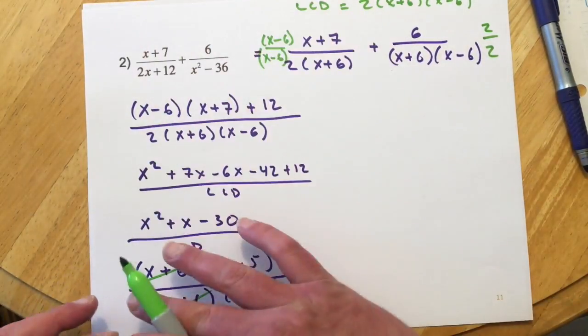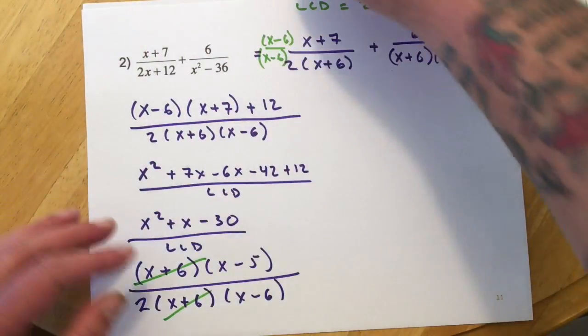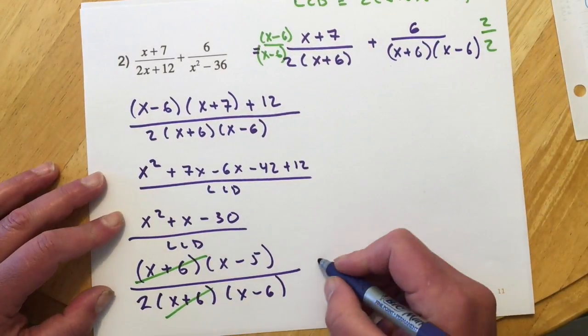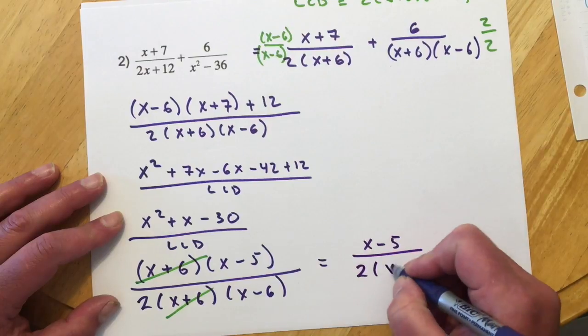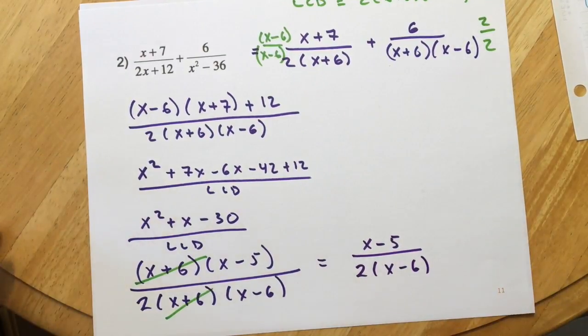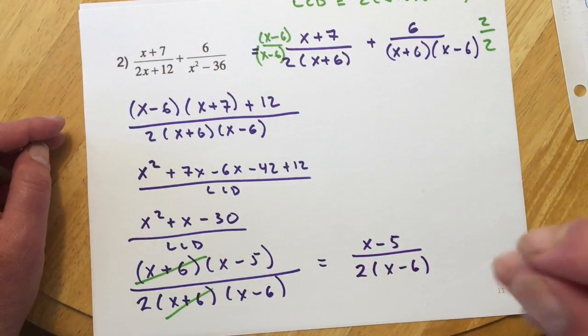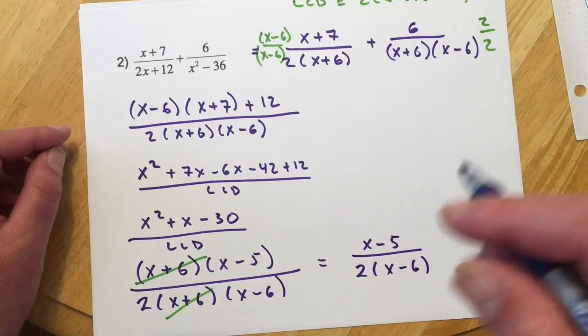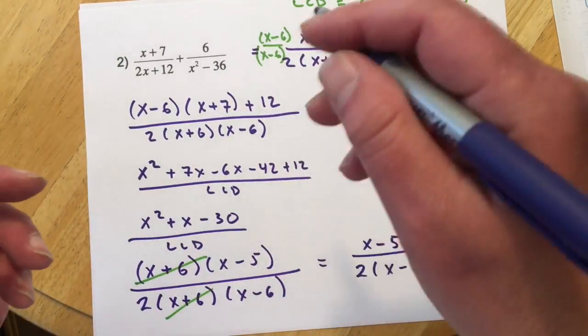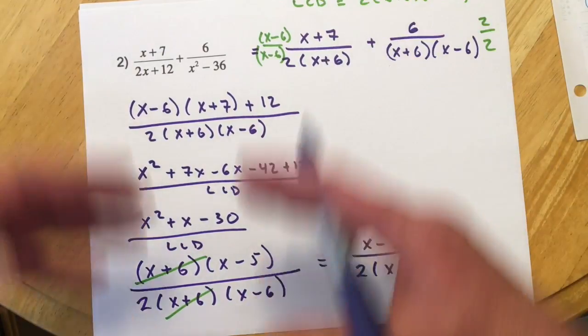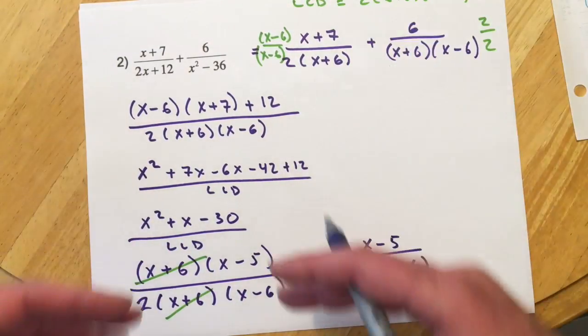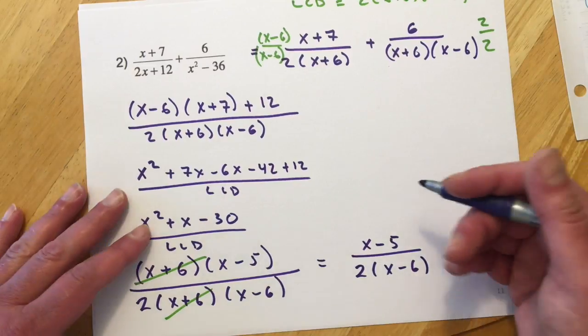So if you're trying to cancel anywhere earlier in the problem, it's not good. It should be at the very end. So x minus 5 over 2, x minus 6. And actually I should temper what I just said ever so slightly. Sometimes if there's a GCF, you can cancel that, but given the amount of not good canceling I see, I would just say again, make sure you get all the way factored before you cancel. It's just a safer bet.